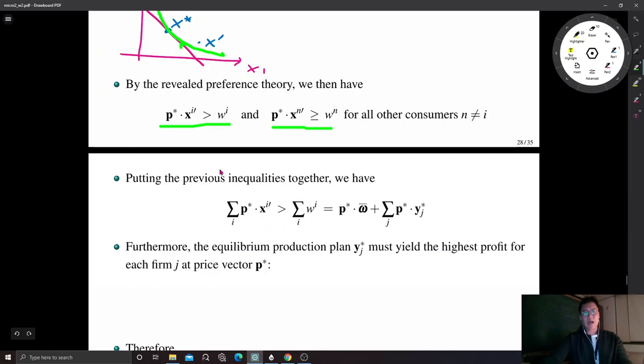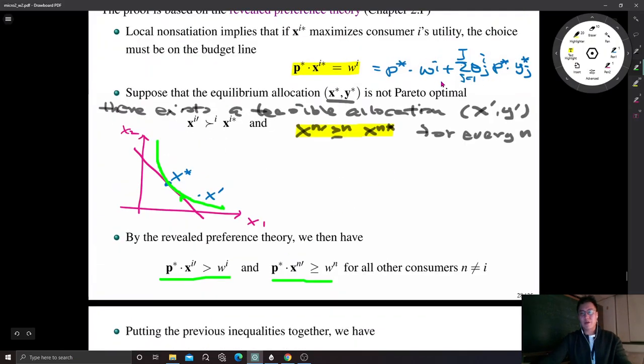On the left-hand side, we have the total expenditures necessary for choosing this bundle X prime, so we do summation over consumer i. And the total wealth is, because each consumer has this wealth, a summation over i.